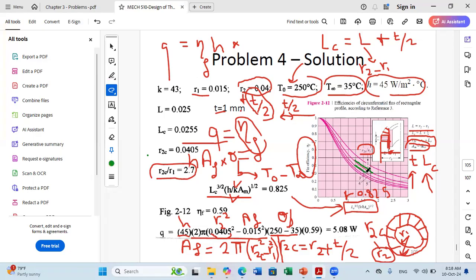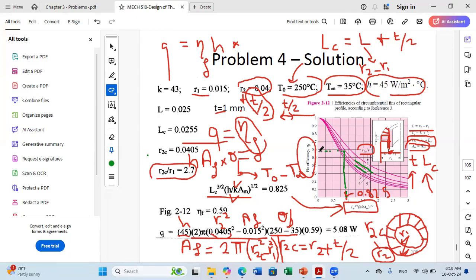I take 2.7, it's closer to curve 3. So from the horizontal axis, I take a vertical line. It will intersect the two curves between 2 and 3, nearly closer to curve 3. So I can read from this value, I am nearly here.